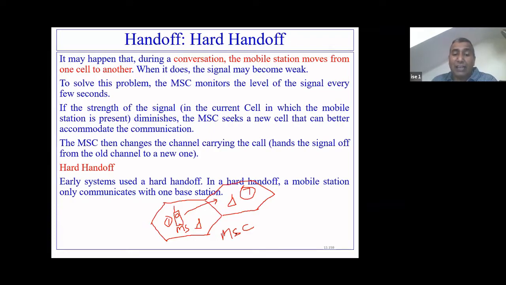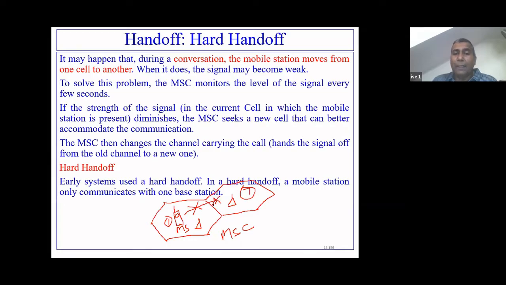So physically the MSC will have to cut down this particular call. During the cut down of the call, this mobile station will not be able to hear anything. You got the idea? This generally happens, you must have seen, when you are traveling by a train or a bus which is moving at high speed, and your call gets disconnected and then again gets connected.